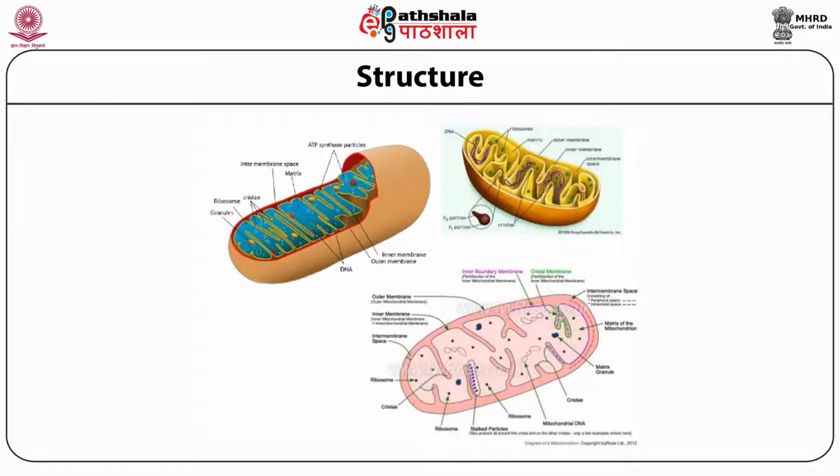The nucleus and the chloroplast also possess double membranes, but the majority of cell organelles like the ER, Golgi, lysosomes and peroxisomes are single membrane structures.